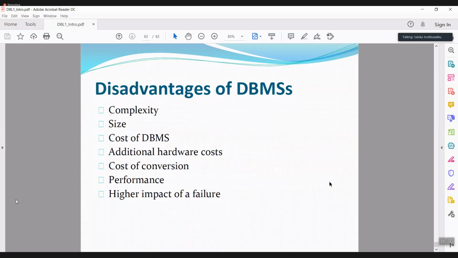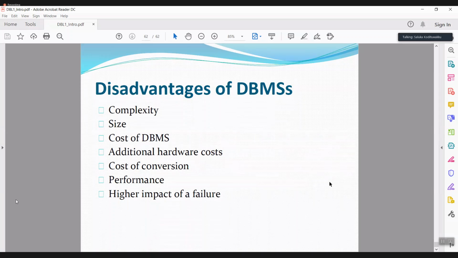The other one is performance. When the DBMS is managing very large databases, and in addition the user base is bigger, meaning a large number of users are accessing the database, performance issues arise. That means the system may not give the required information quickly. It may take some time.